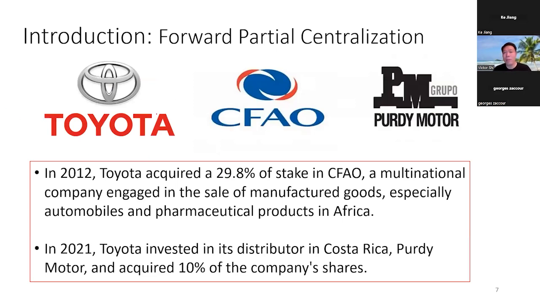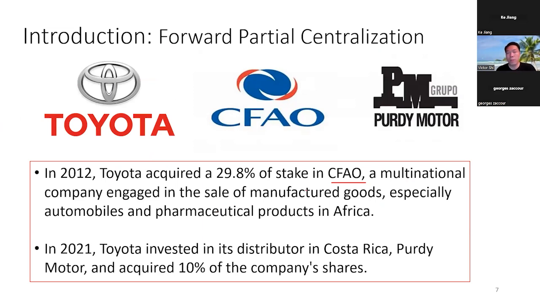So let me give you some examples about forward partial centralization. Okay. In 2012, Toyota acquired about 30% of stake in a company called CFAO. So this is a multinational company engaged in the sale of manufactured goods, especially automobiles and pharmaceuticals in Africa.